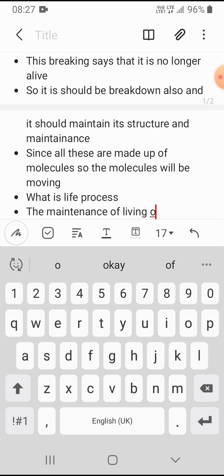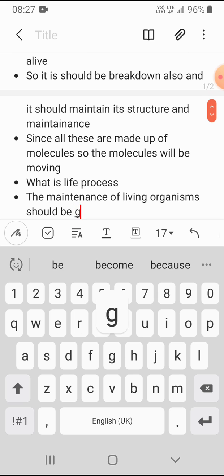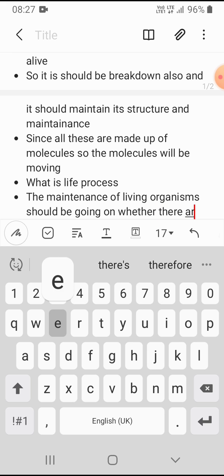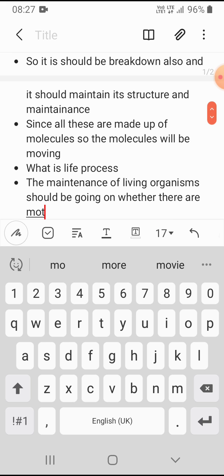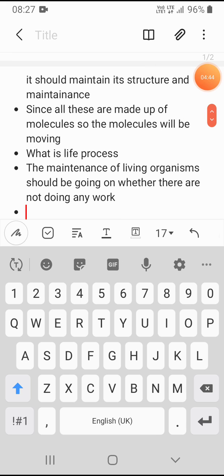If an organism is living, its maintenance should be going on even when it is not doing any work. The body cells will maintain themselves.